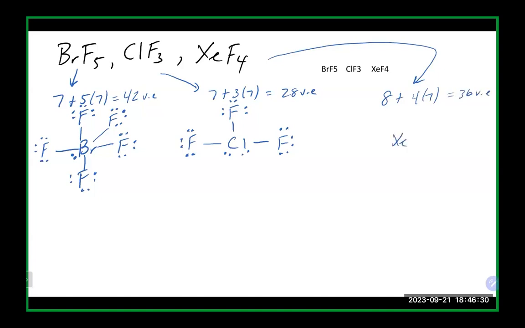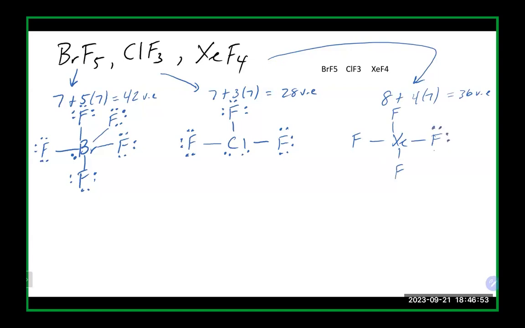By the way, the electronegativity value for noble gases is 0. They really don't want to do anything, so they basically have no electronegativity. We'll do our fluorine around, doing our single bond here. And now that's 2, 4, 6, 8 electrons. So we've got a bunch more to go.